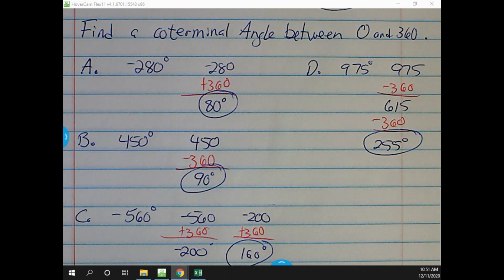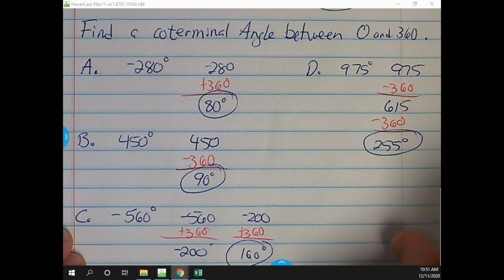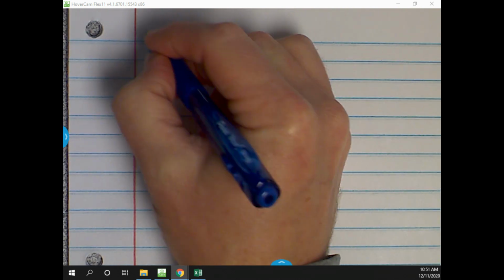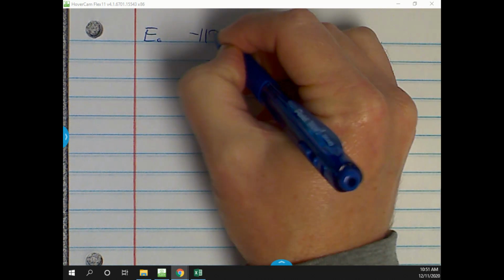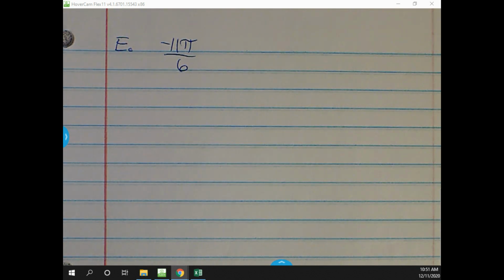Okay, and probably the hardest thing that you have to do for these conversions is, I'm going to run out of room here, so I'm going to go to a new sheet, that when you're doing these, if they give you a number that's in radians, and this is the first time we've done anything with radians, most people get this and they're like, okay, I'm not really good with this, so I don't know what to do.